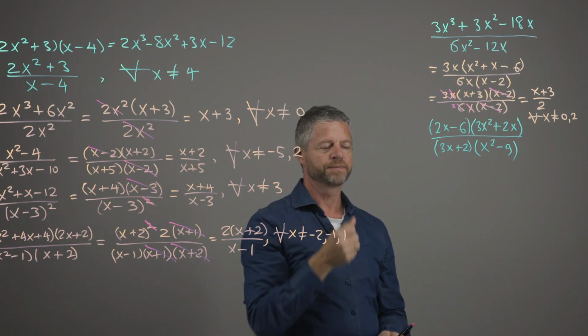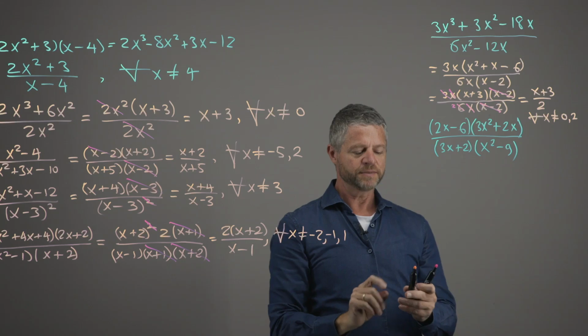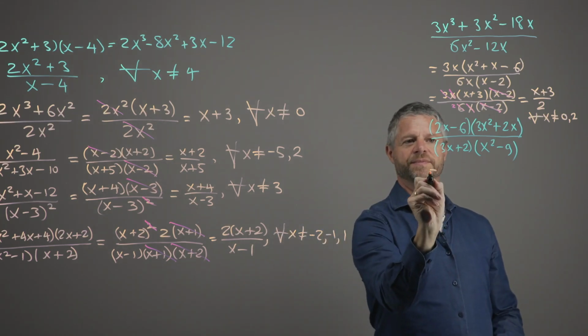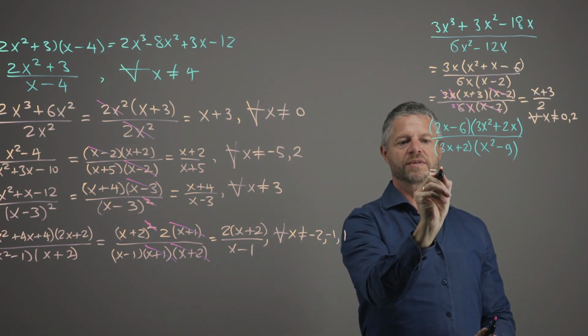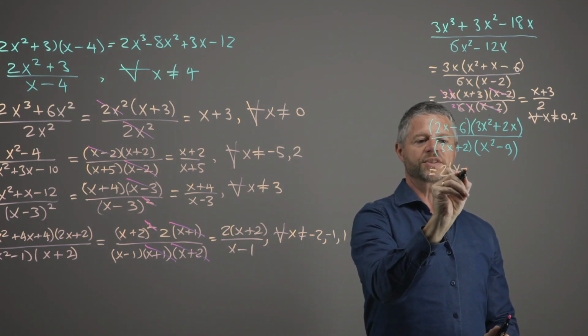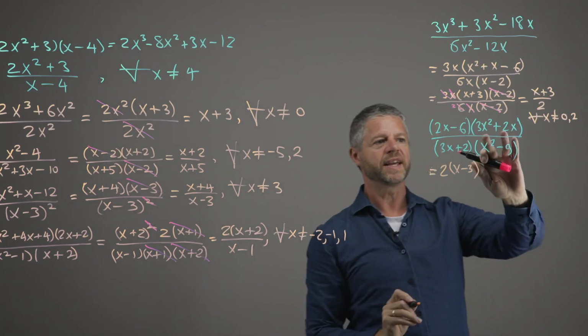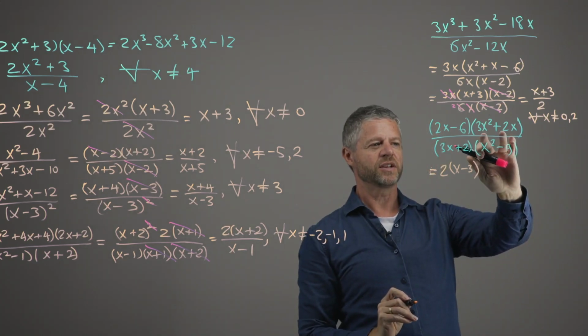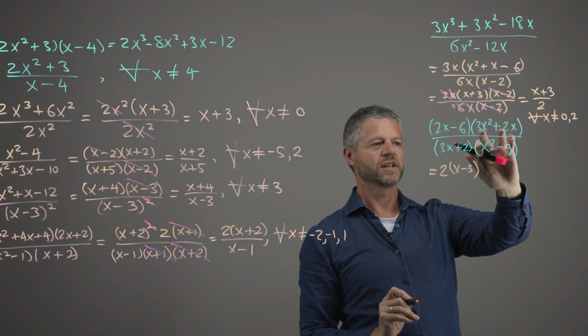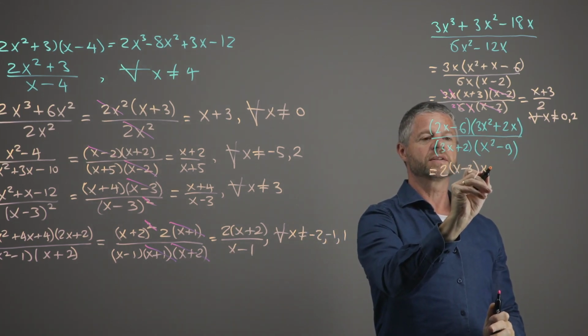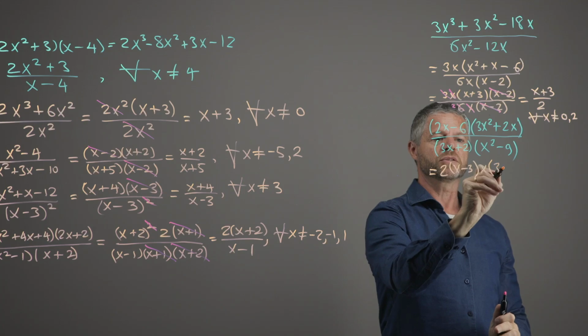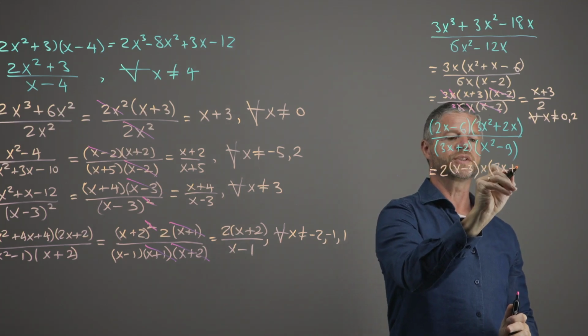And then the second one, let's see, I can pull out a common factor of 2 for that first term, and then a common factor of, let's see, x is all I can pull out of that second term. 3x plus 2.